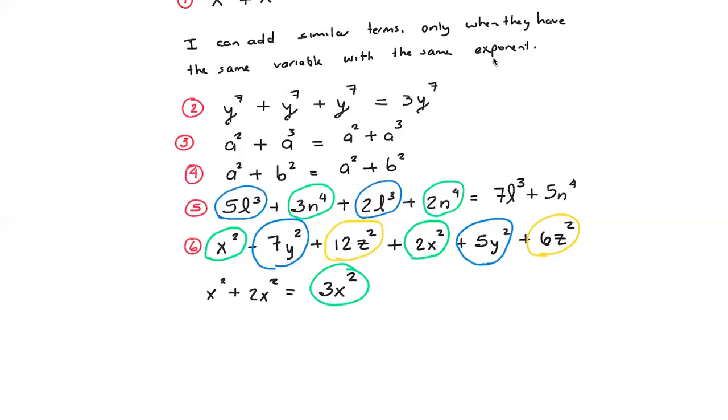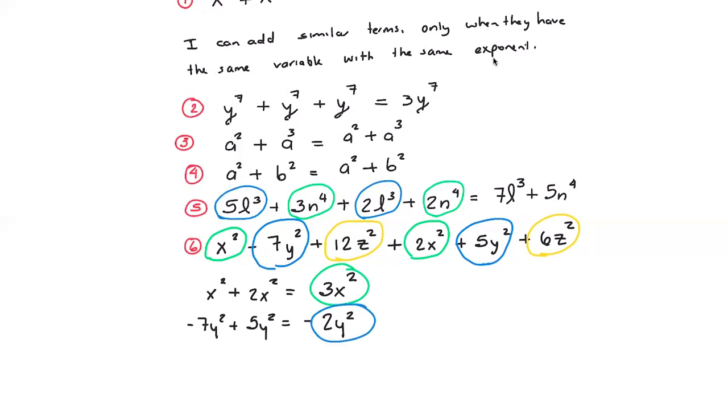And then of the y's to the second, you have a -7y to the second and a +5y to the second. The addition of a negative and a positive, you subtract and keep the sign of the biggest. Do you remember that rule?